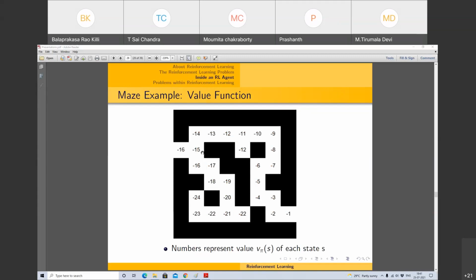Probabilities we are not talking about there, so we can say this is the reward. But what exactly does this minus 15 signify physically in this problem?